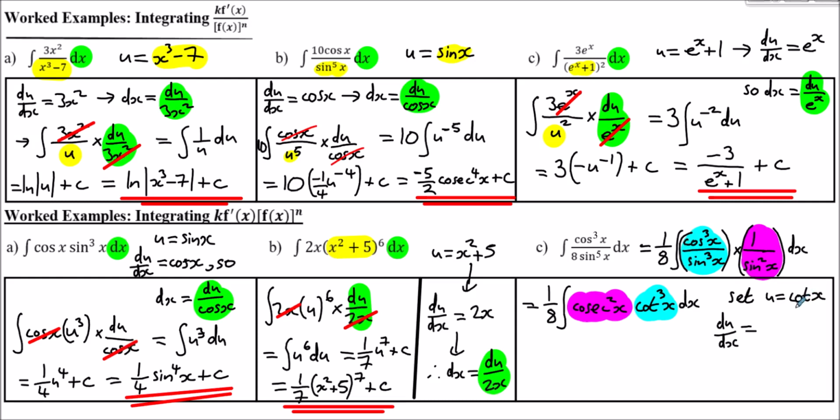Using that way to convince yourself or the formula book, you should find that du by dx is negative cosec squared x. So rearranging in terms of dx, dx is going to be du over minus cosec squared x.